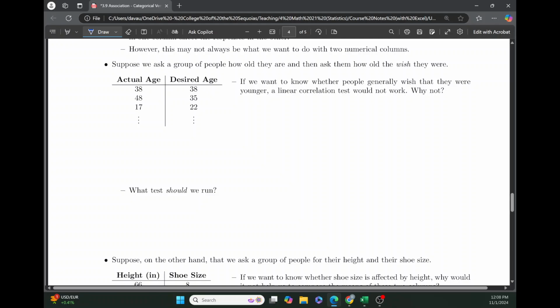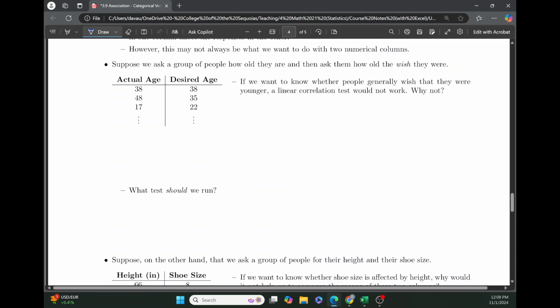Now, if we want to know whether people generally wish that they were younger, a linear correlation test would not work, okay? Because if you run a linear correlation, and here I'm going to ask you to use your imagination a little bit, let's just pretend for a moment that the numbers in the actual age category and in the desired age category are perfect matches. Let's just say that everyone is perfectly happy with their age.